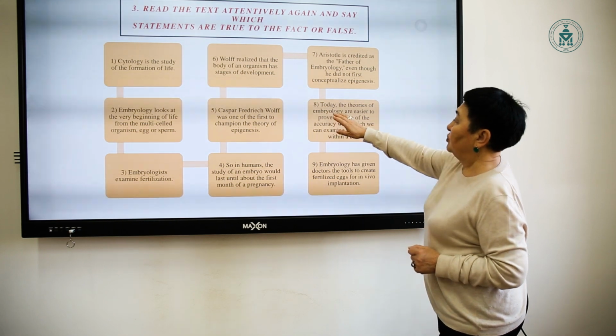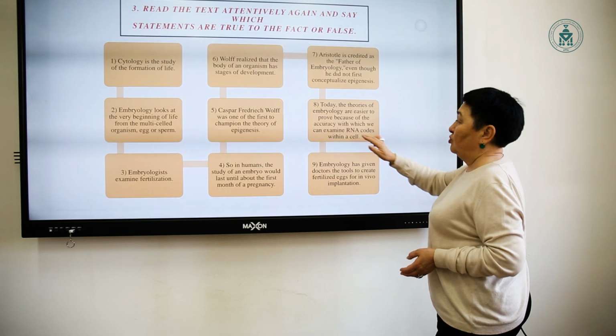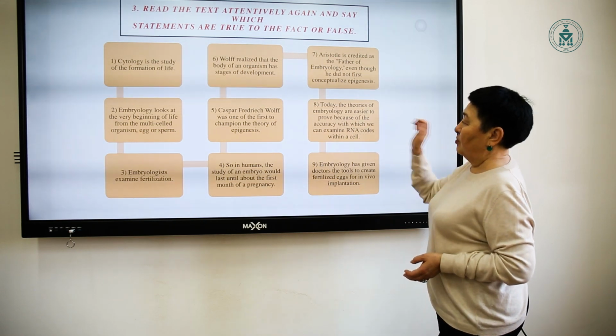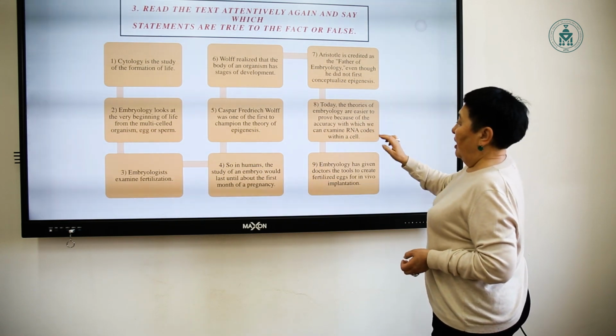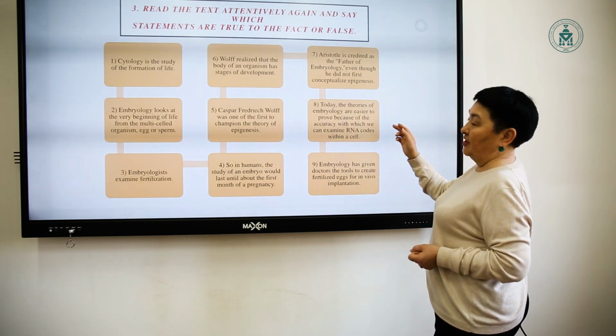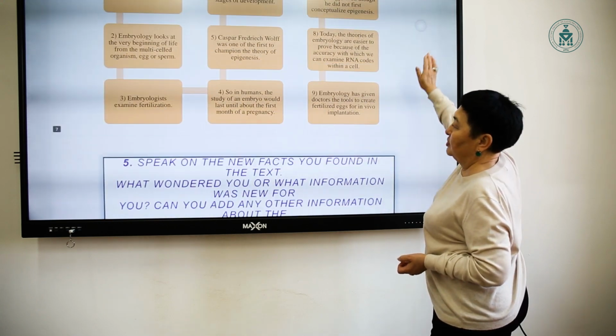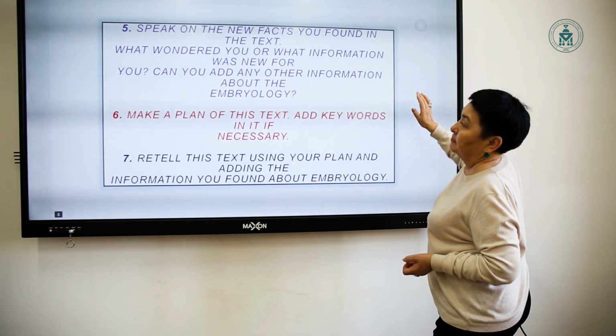For example, today the theories of embryology are easier to prove because of the accuracy with which we can examine RNA codes within a cell. Is it true or false? They need to think and to discuss.